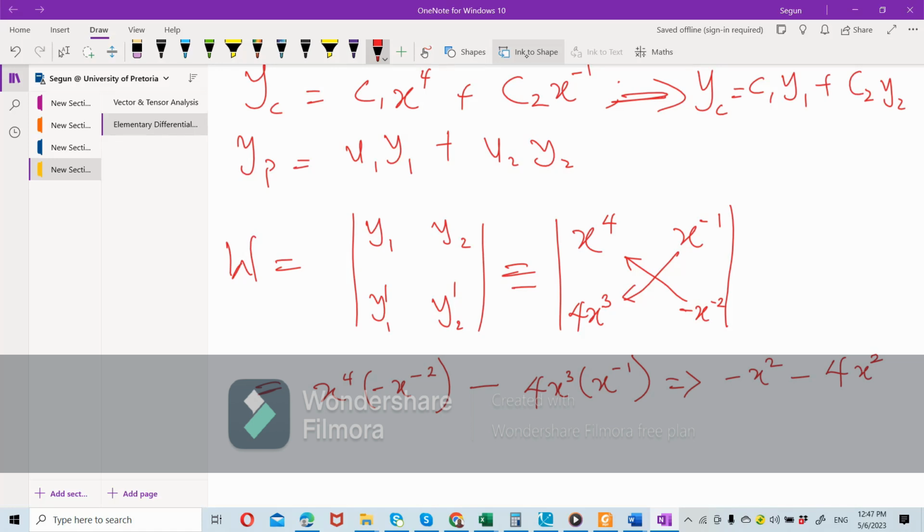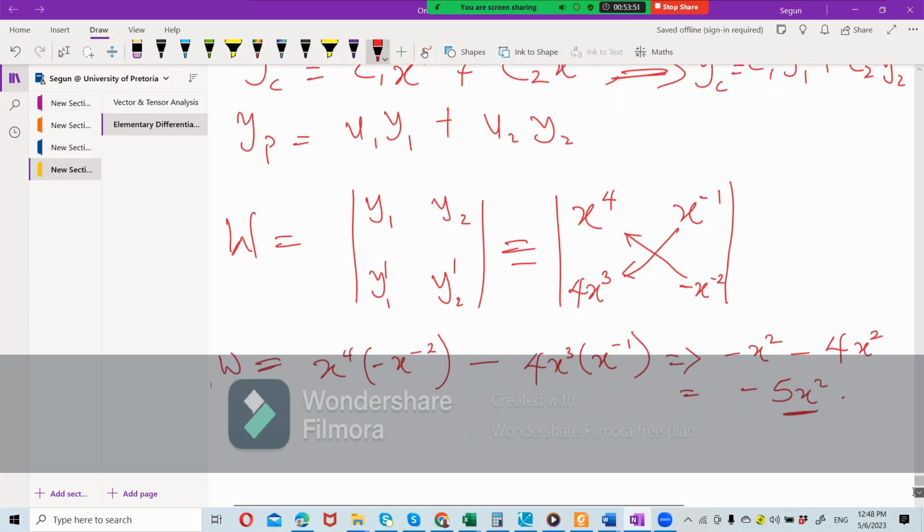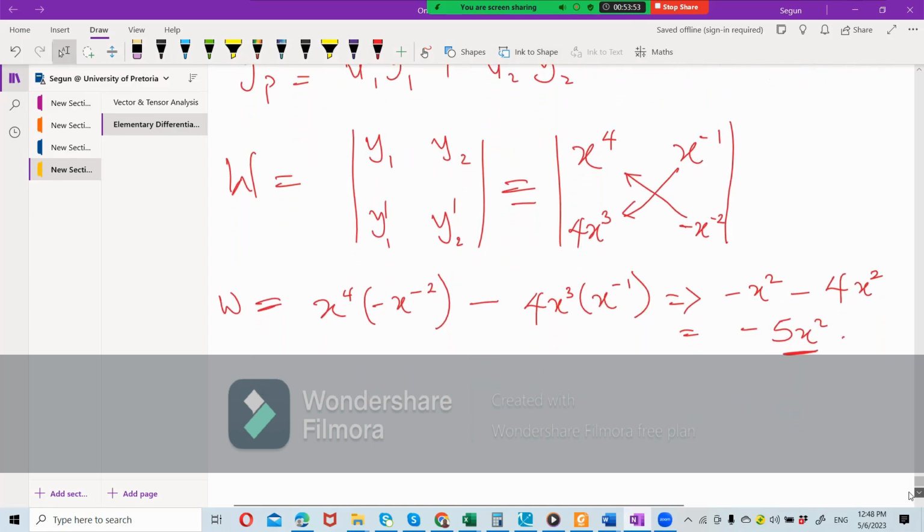So when you add the two together, what do you have? Minus 5s squared. Do you agree? Yes, sir. That is our W. Then we need to go and solve for W1, W2 before you get your U1, U2.